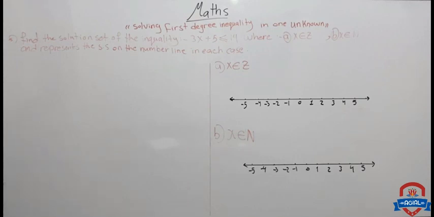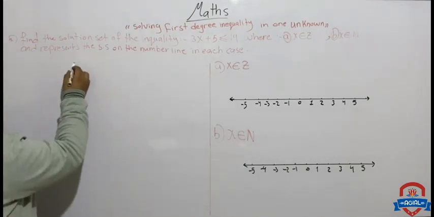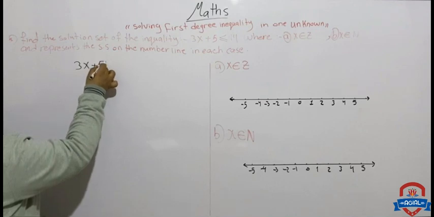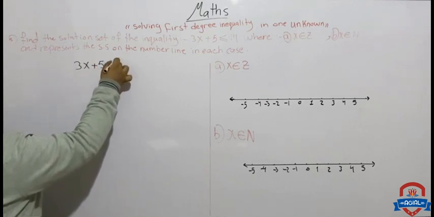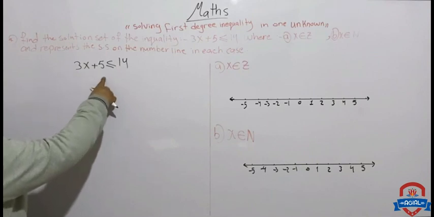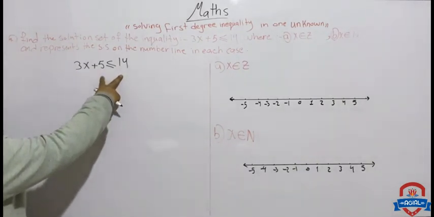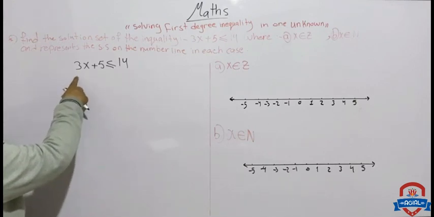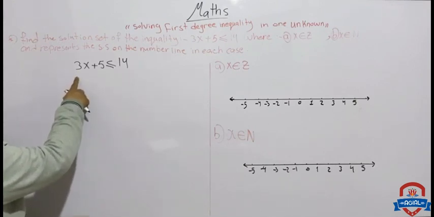In the beginning, let's start by solving the inequality. The inequality equals 3x plus 5 less than or equal to 14. So we need to subtract 5 from both sides and divide both sides by 3.